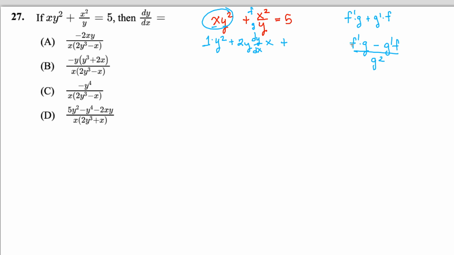The derivative of x squared is just 2x times g, minus, and I'm going to put this in parentheses, g prime, which is dy/dx, the derivative of y, times f, which is x squared, over g squared, which is y squared, equals the derivative of 5, which is 0.